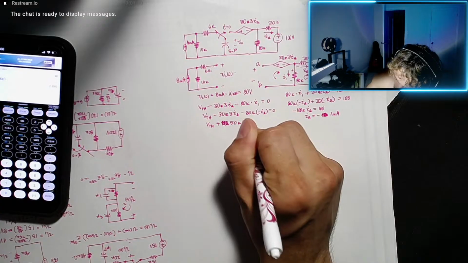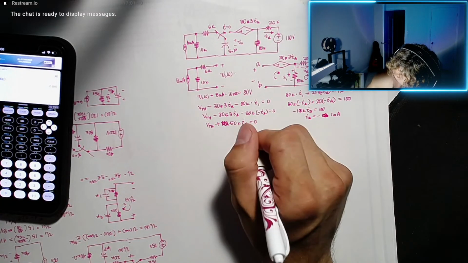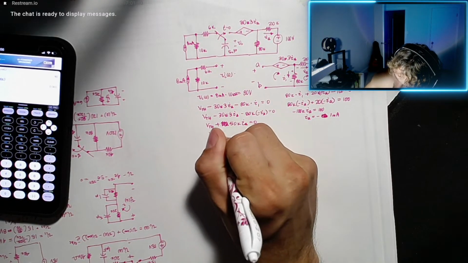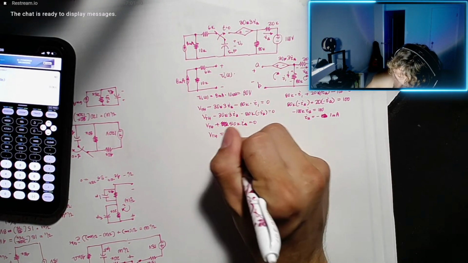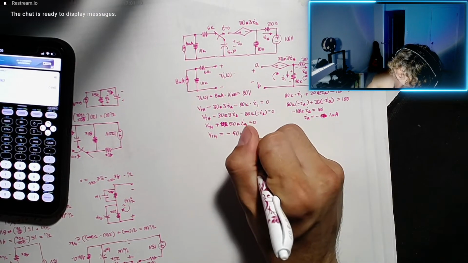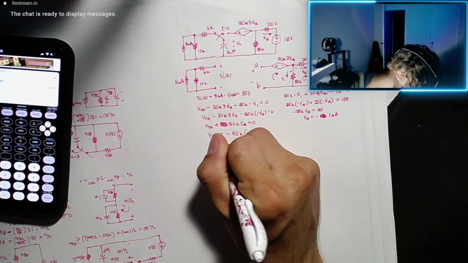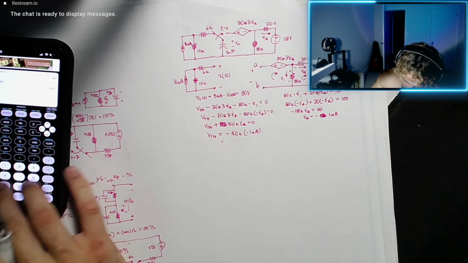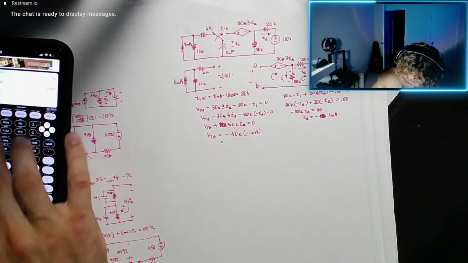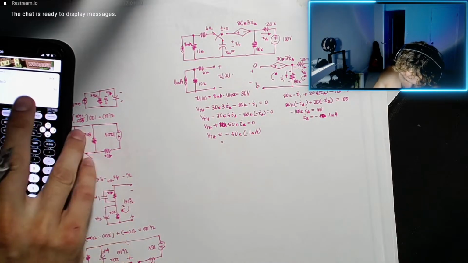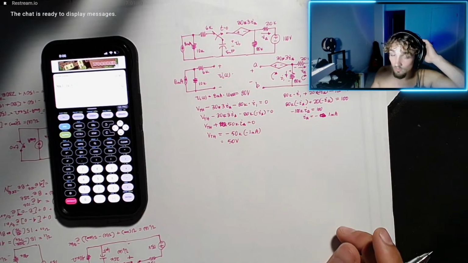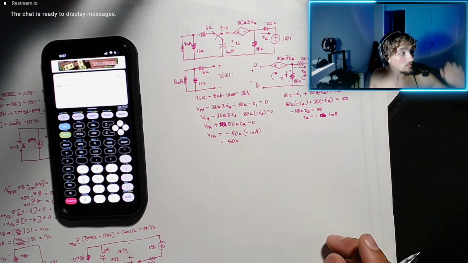I delta equals 0, so V Thevenin is 50 volts. Okay.